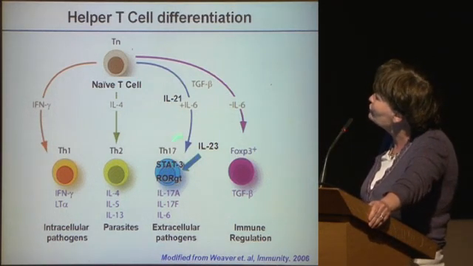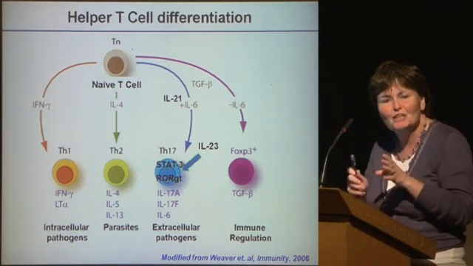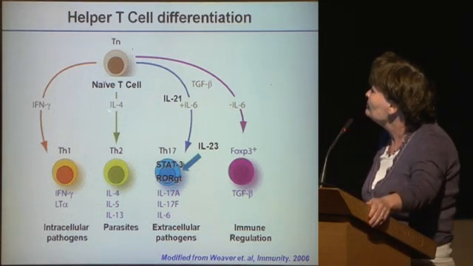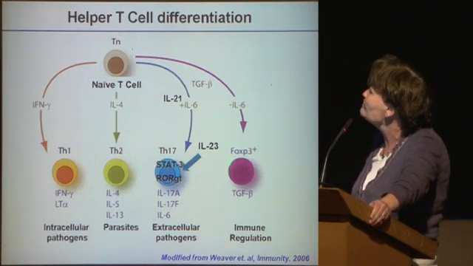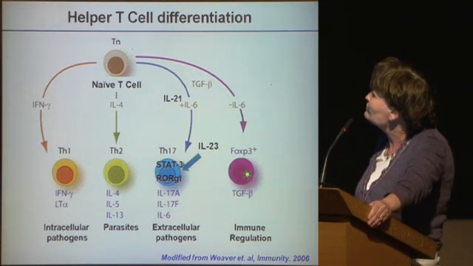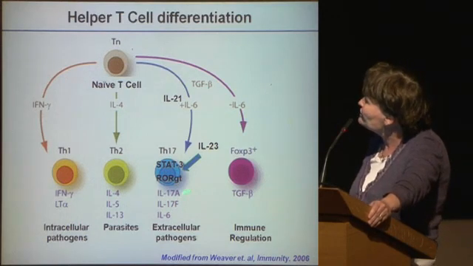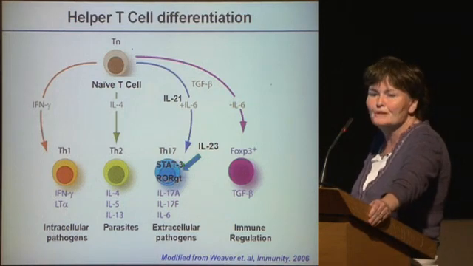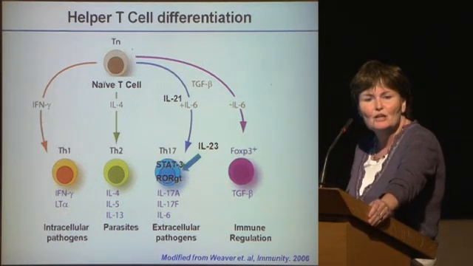I'd just like to draw your attention here to a sort of a dichotomy between the Treg cells that I mentioned to you that are FOXP3 positive and these Th17 cells, in that both of these populations have a dependency on TGF-beta for their development.